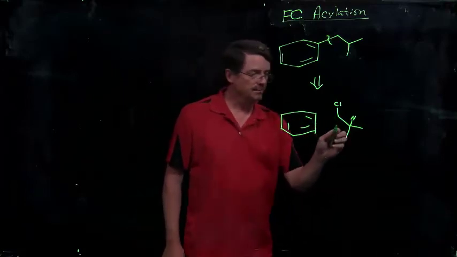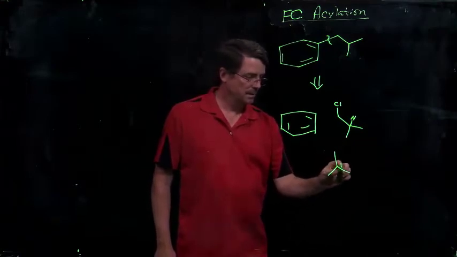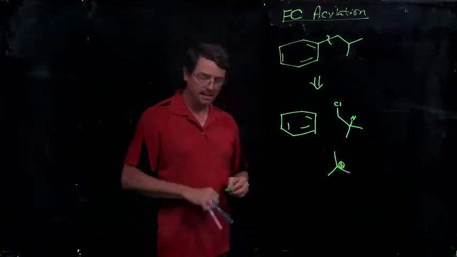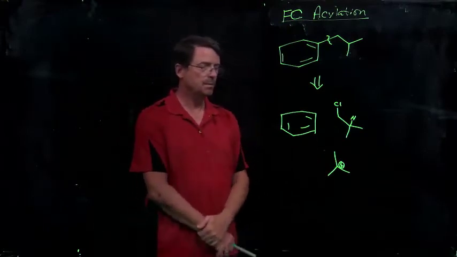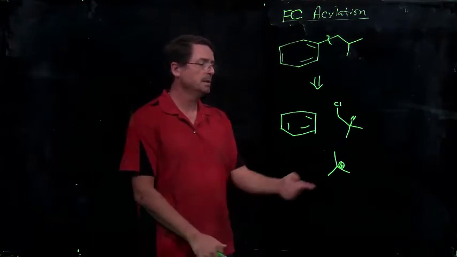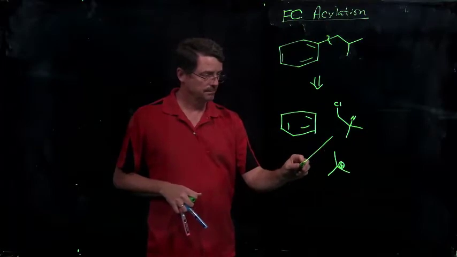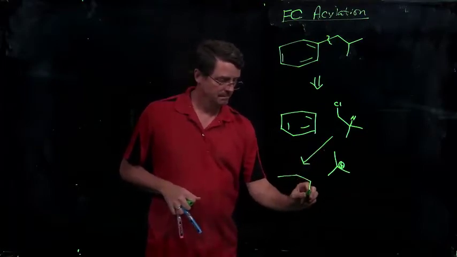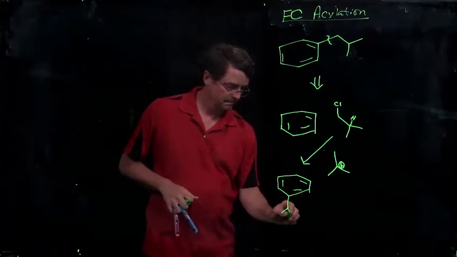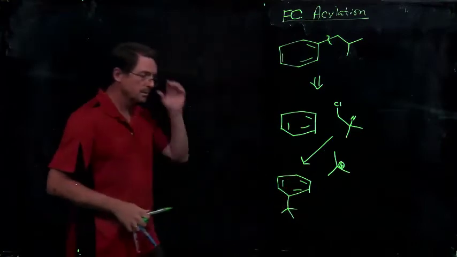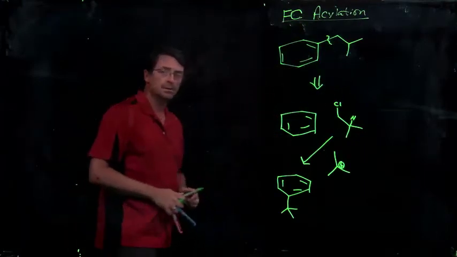So when we try to activate this, we would get a hydride shift, essentially instantaneously from the synthetic point of view. That would give us the tertiary carbocation, and so we would get as a product the t-butyl group instead of the isobutyl group.